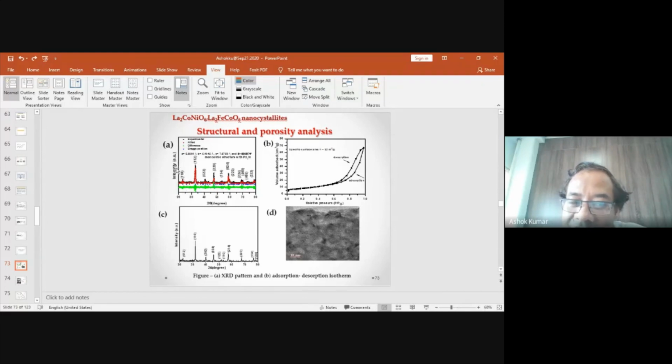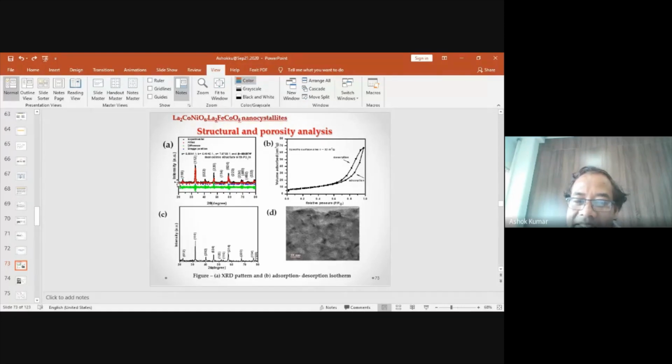When atoms are arranged in systematic planes, one ray comes, another X-ray comes, and each plane diffracts. Then we have a path difference. Once this path difference is equal to n lambda, which is the condition for constructive interference, we will have a peak. So the peaks appear because of constructive interference. Wherever we don't have peaks, there is destructive interference.